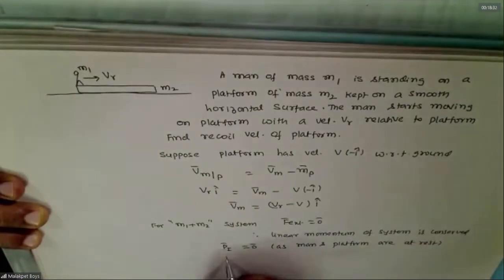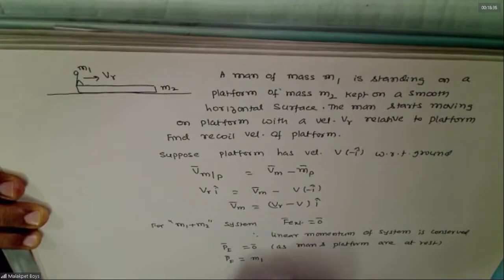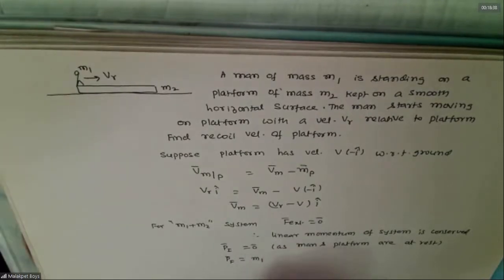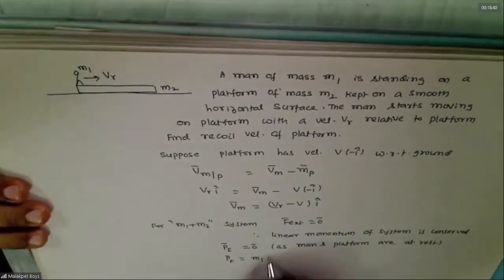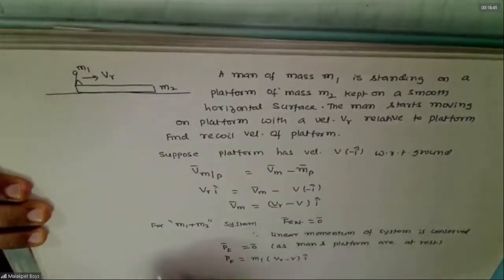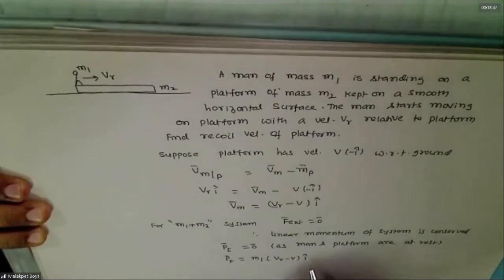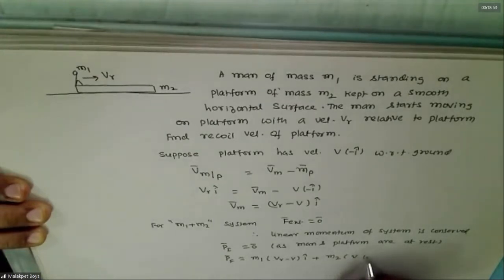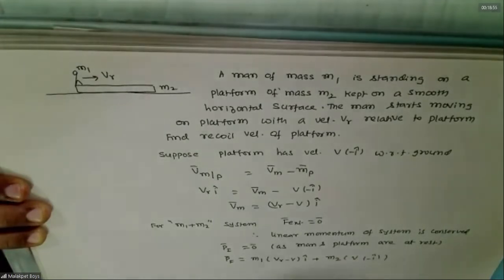Now when the man walks, what is the final momentum? M1 into the man's velocity, with respect to ground, VR minus V I cap, plus plank M2 into V minus I cap.